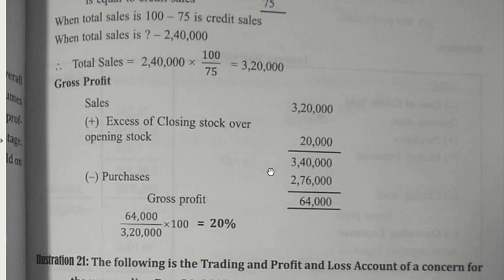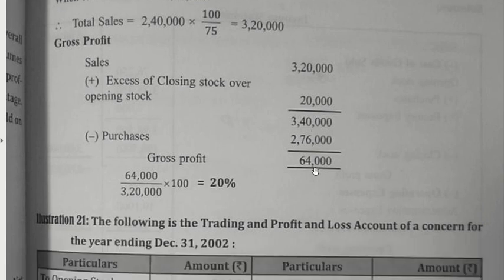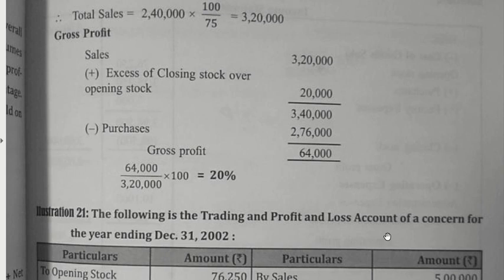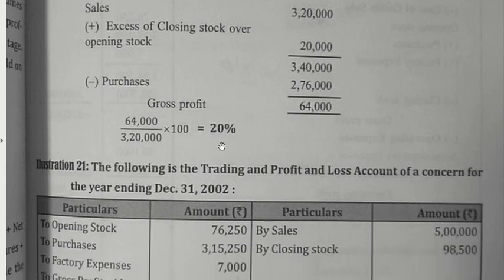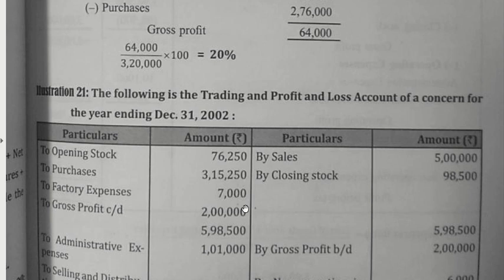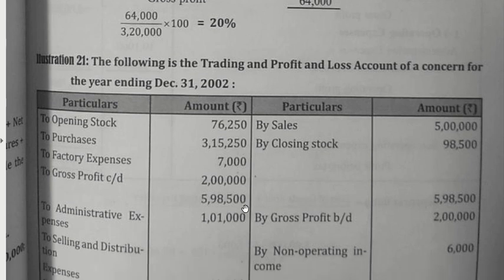So you get the total of 3,40,000 minus your purchases that they have given. So opening stock plus closing stock minus your purchases, that is your formula. So minus purchases 2,76,000, so gross profit is how much? 64,000. So 64,000 divided by 3,20,000 into 100, you get your gross profit ratio to be 20%.